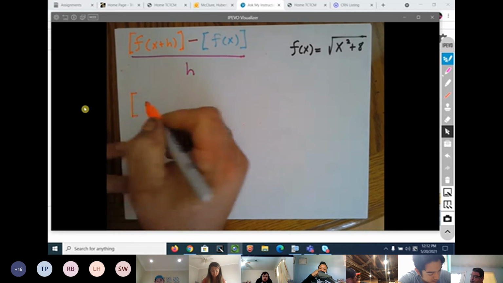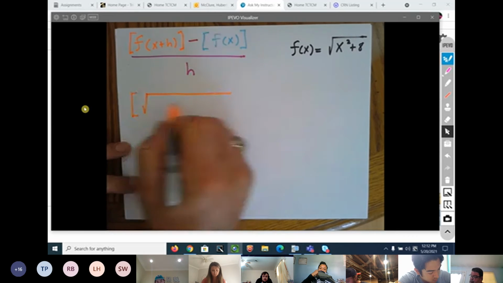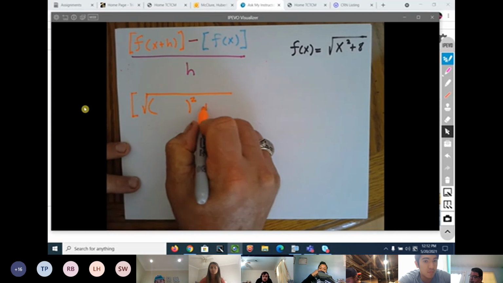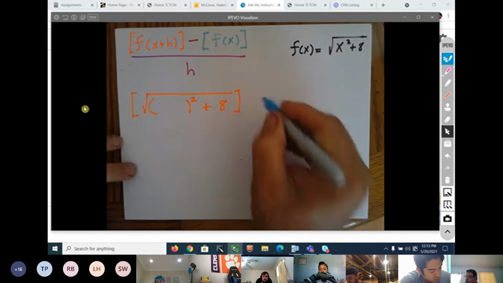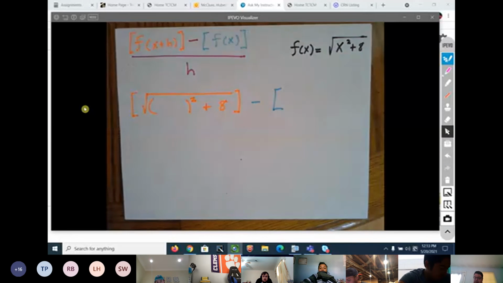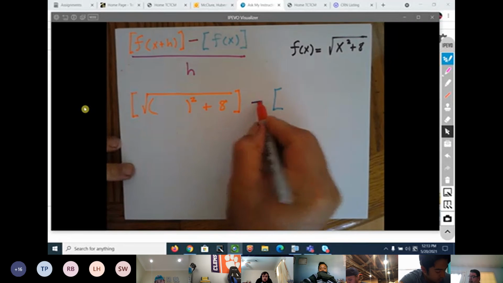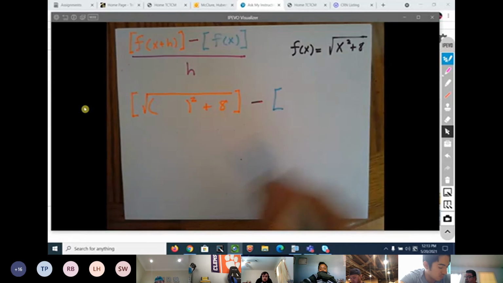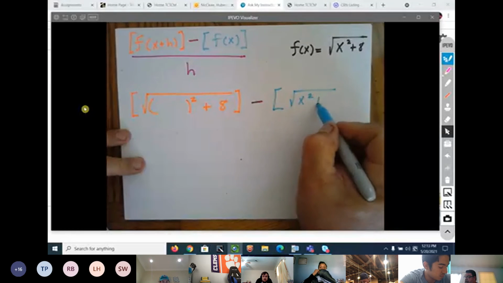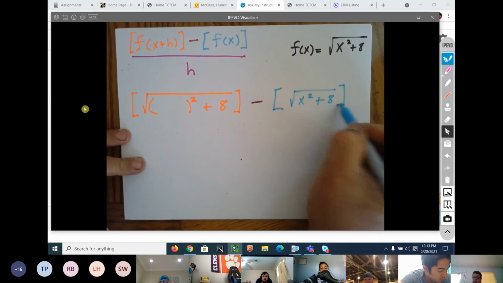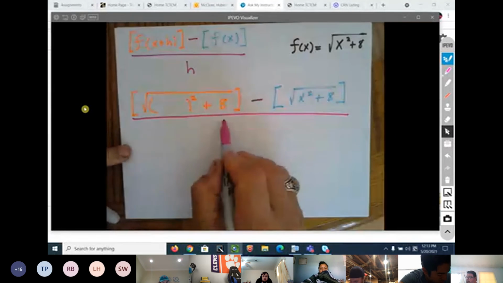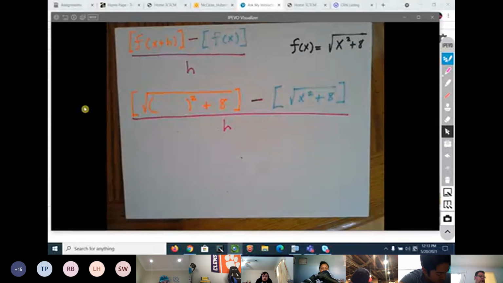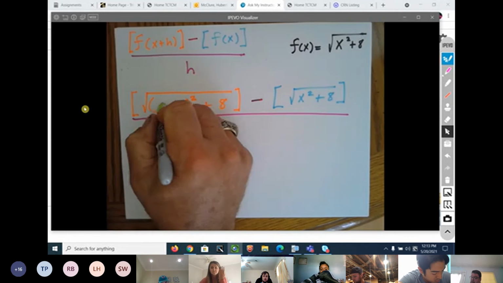So brackets, the square root of parentheses squared plus 8 minus, it's supposed to be red, minus the square root of x squared plus 8, all over h. And I'm going to plug in x plus h, and I'm going to do that in green. I'm sorry, yeah, x plus h.